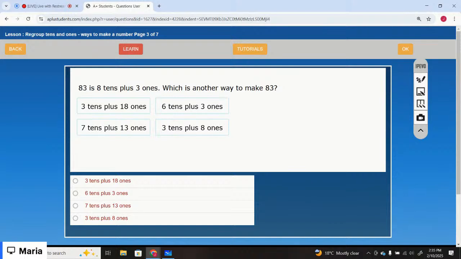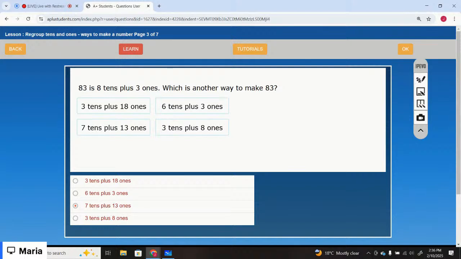Eighty-three is 8 tens plus 3. The correct option is 7 tens and 13 ones makes 83.